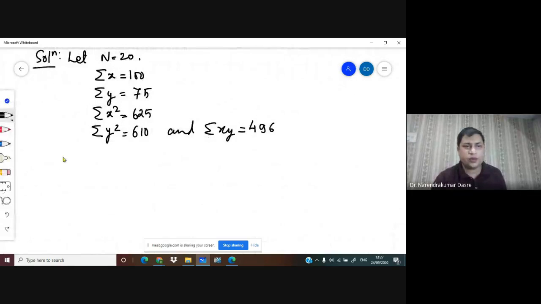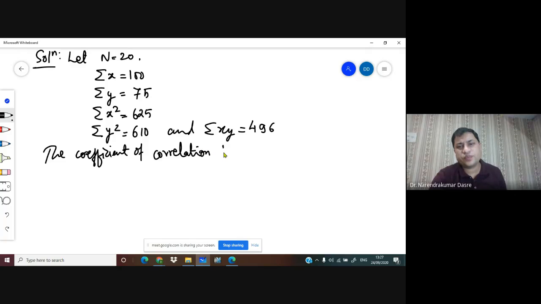Then we can say the coefficient of correlation R between x and y is given as follows.